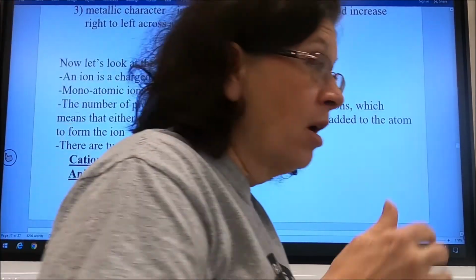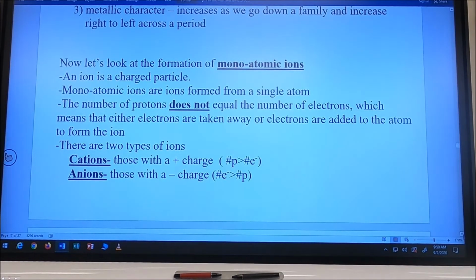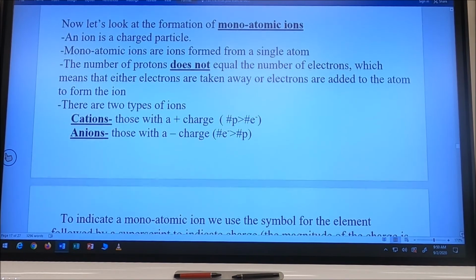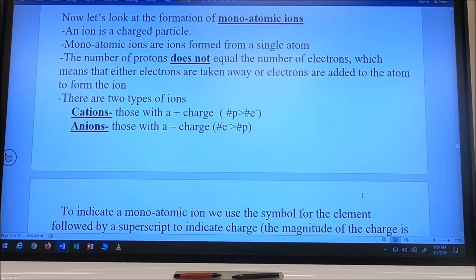Now it's time to talk about ion formation. Monatomic ions. Mono means one. So a monatomic ion is an ion made out of a single atom. The number of protons does not equal the number of electrons.